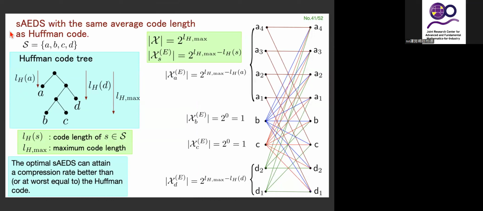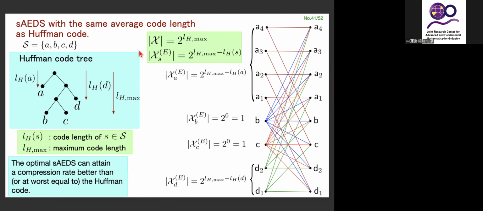Next, we show that we can easily construct the SAEDS that has the same average code length as the Huffman code. Let L_H(S) represent the code length of source symbol S in the Huffman code, and L_H max represent the maximum code length in the Huffman code.